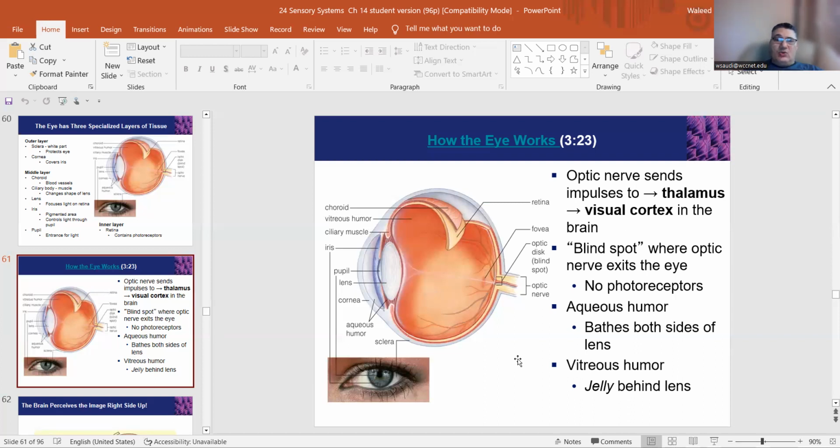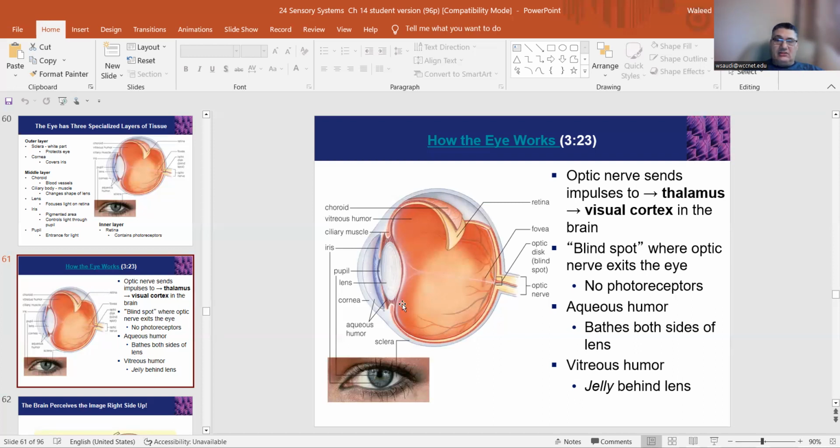The other thing that I want you to know is that this ball right here, this whole thing here, is not one cavity. It is two. It's divided into two. Divided by what? Divided by the lens. There is a huge cavity behind it, a big one behind it, and a smaller one in front of it.